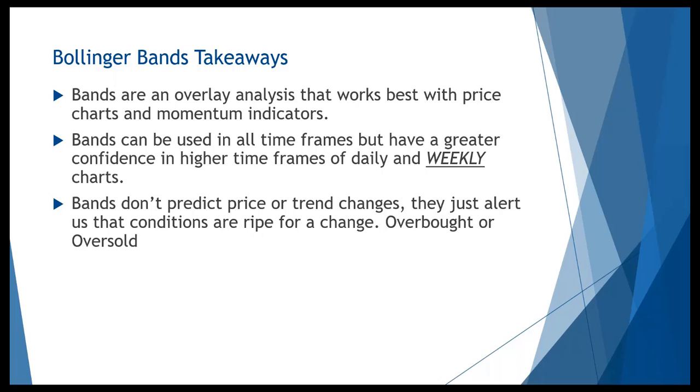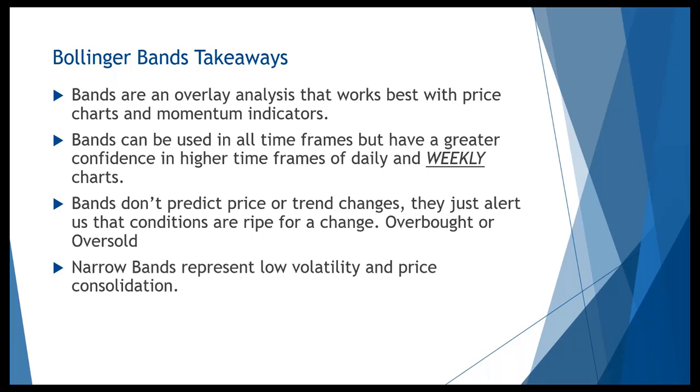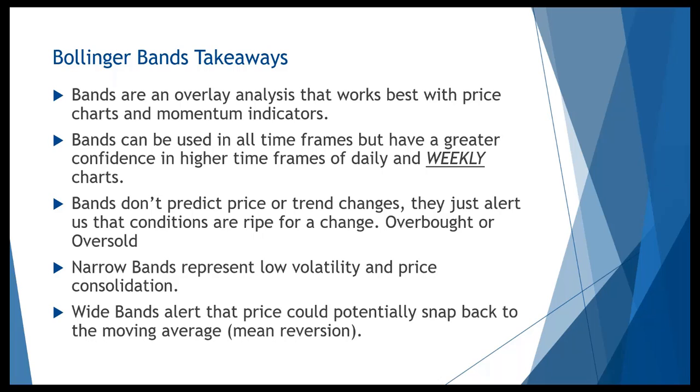They just alert us that the conditions are right, those overbought and oversold situations. Narrow bands represent low volatility and price consolidation, and that we will be on guard or getting ready for those expanding and new trends. And wide bands can alert us that there is that potential that price could snap back to our moving average, our mean reversion.